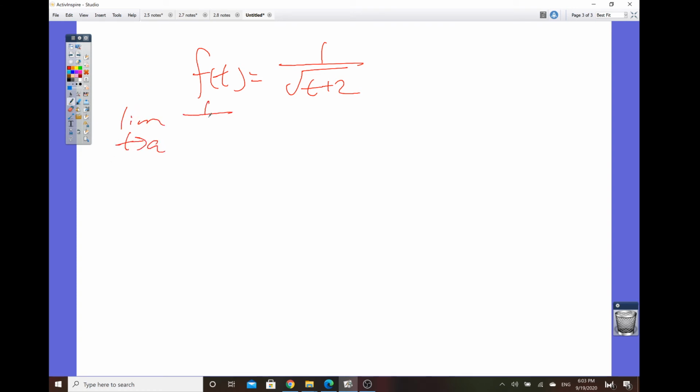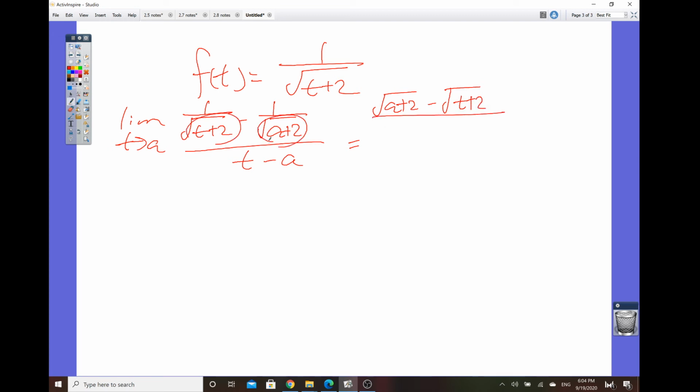So we have 1 over root t plus 2 minus 1 over root a plus 2, and it's all over t minus a. Again, combine them, so we put in root a plus 2 minus root t plus 2, all over the least common denominator, which is all those radicals together.